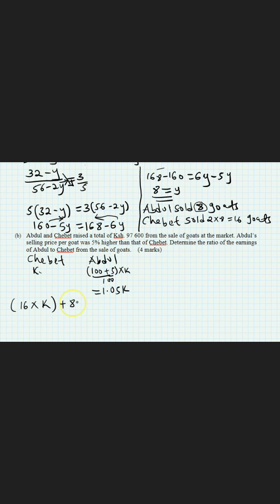So we'll have 8 multiplied by the selling price, which is 1.05K. And this is now supposed to give us this total amount, which is 97,600. So when you multiply, you get 16K plus 8.4K, supposed to give us 97,600.